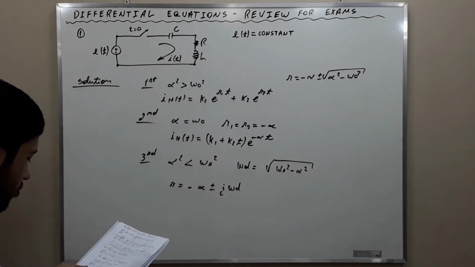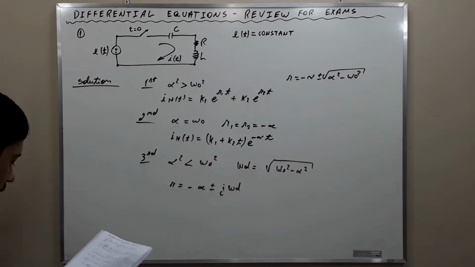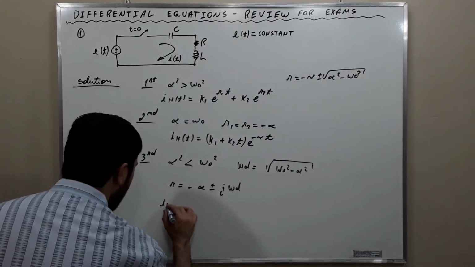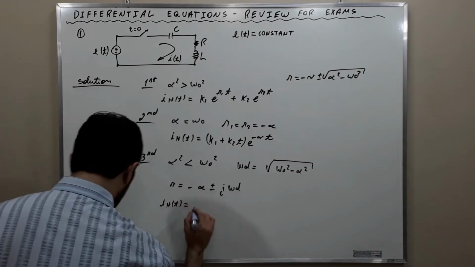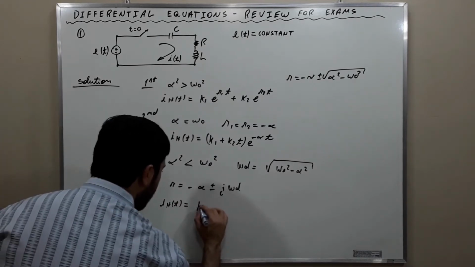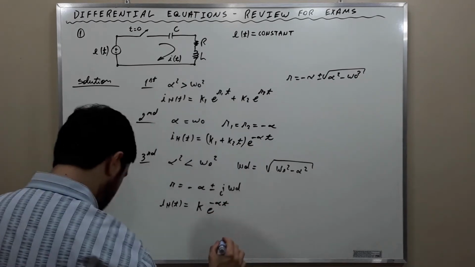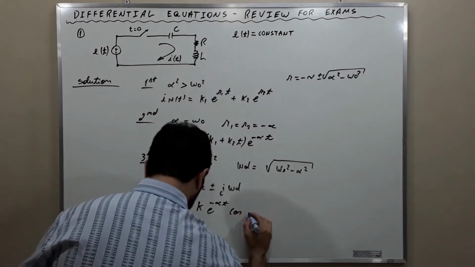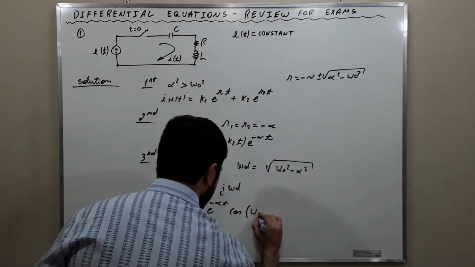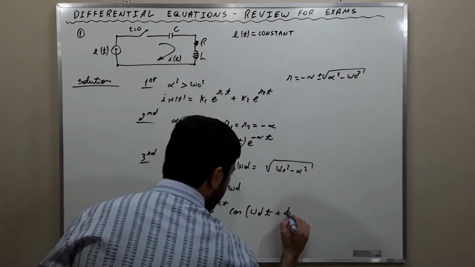And the homogeneous solution is therefore iH of t equal to k times e to the minus alpha t times the cosine of WDt plus an angle.